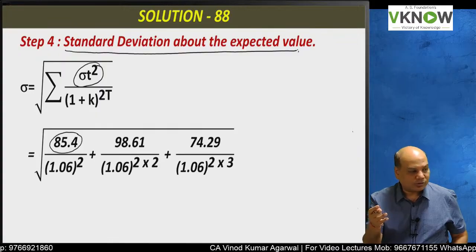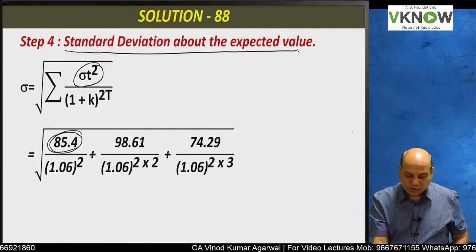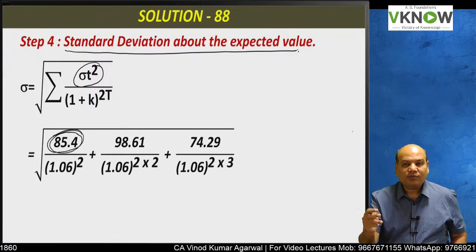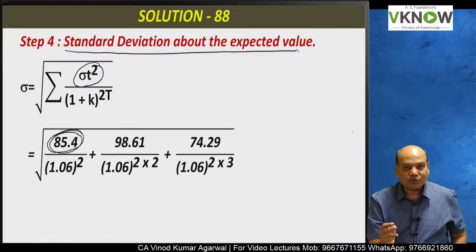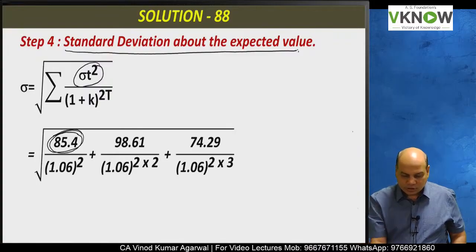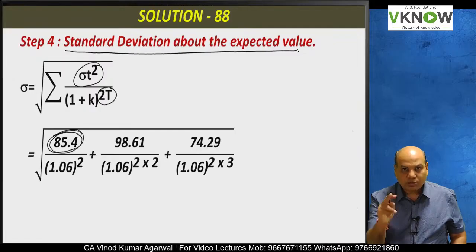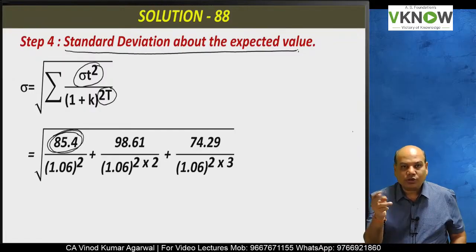But when I already have the sigma square figure, why write sigma and then square again? It is a duplication of effort. Divide by 1.06 to the power 2t. 2t means 2 into 1 year, 2 into 1, 2.